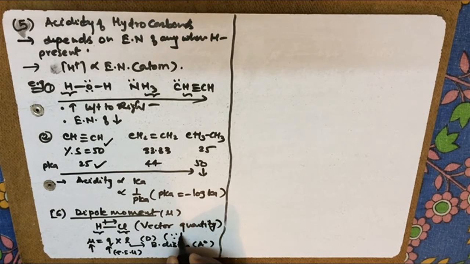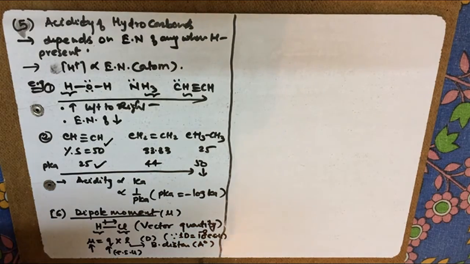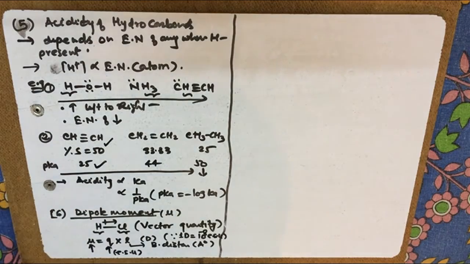Since 1 Debye is equal to 10 to the power minus 18 ESU cm, okay, right. Now we see the examples, then we can easily understand.